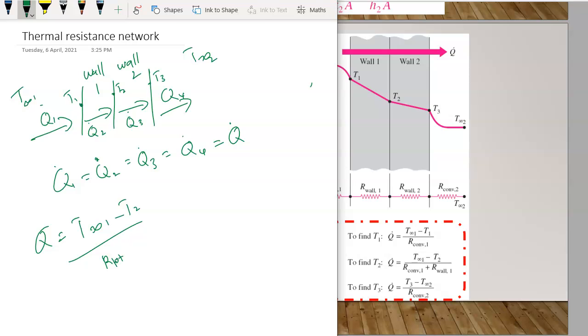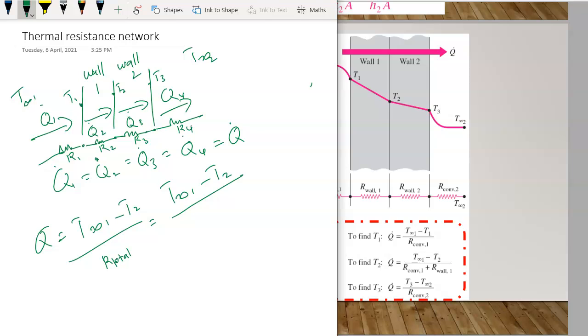R total of what? You have over here R1, R2, R3, R4.